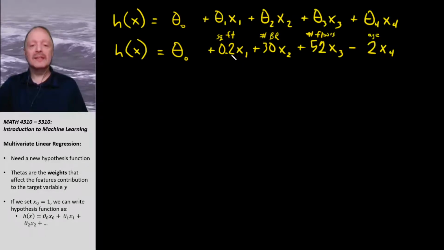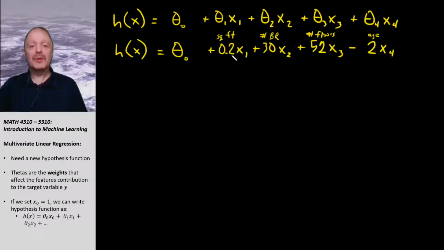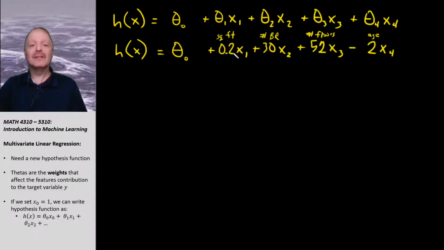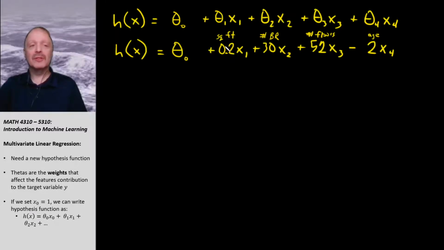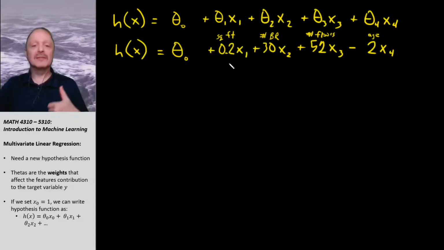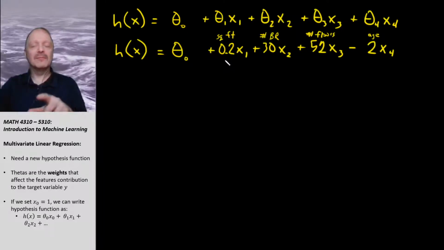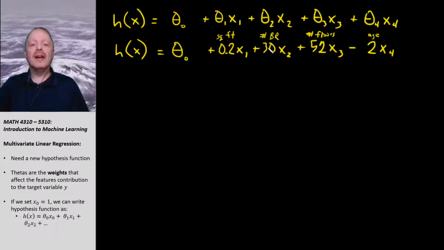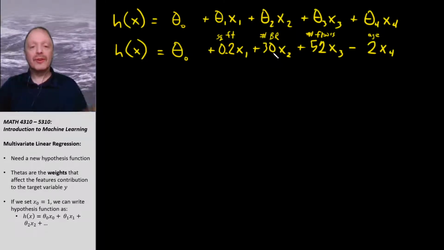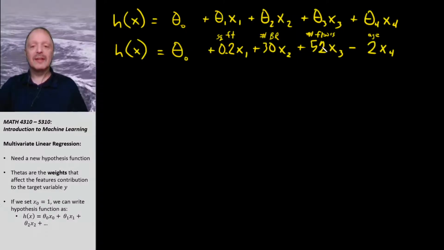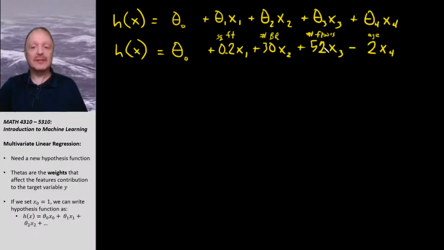Now, what this says is that 0.2 thousand dollars per square footage. So $200 per square foot is how much the price of the house is set by, if I said that correctly. Each bedroom is worth $30,000 in the price of the house. Each floor of the house is worth $52,000.